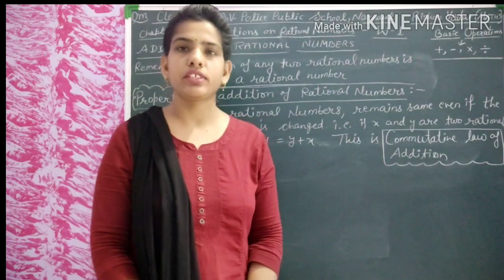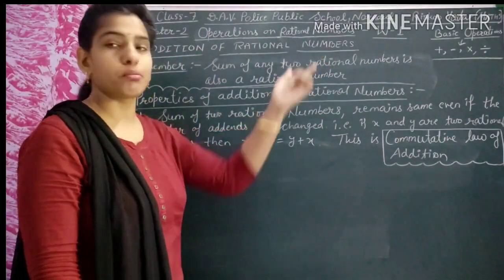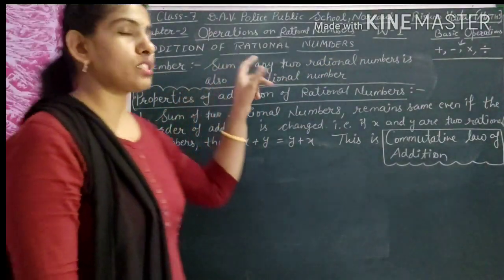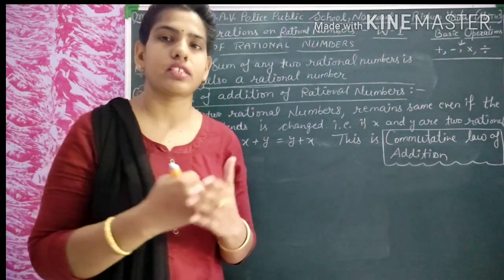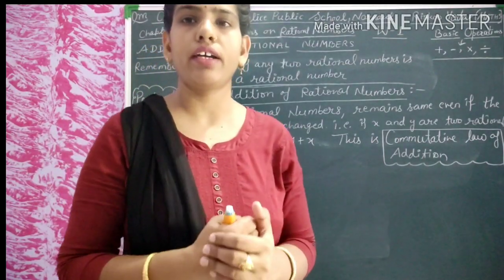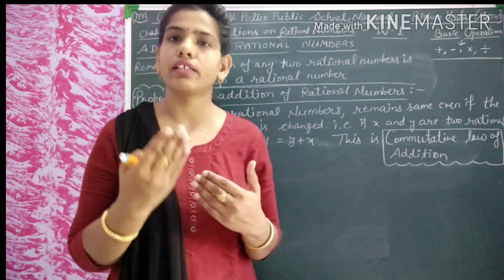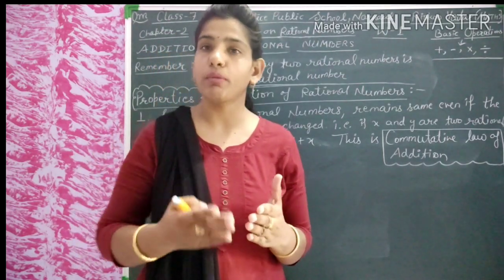Yes, dear students. Next is the property of addition of rational numbers. There is one point to remember: the sum of any two rational numbers is also a rational number. If you add two rational numbers, then you will always get another rational number. That property is satisfied.